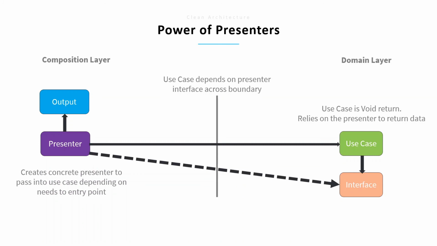So here in the composition, I'm going to create a concrete presenter to pass data in. It's going to have an interface, and this use case is going to return void and depend on that interface to cross this boundary. That interface is going to say what it takes in and what it returns. Voila. Cool. Now I've got a bit of business logic that's got a nice fixed contract.